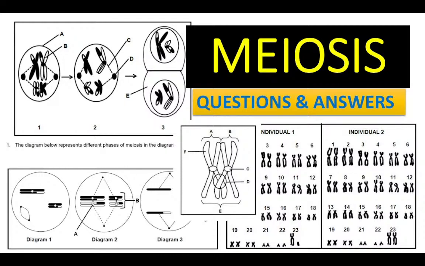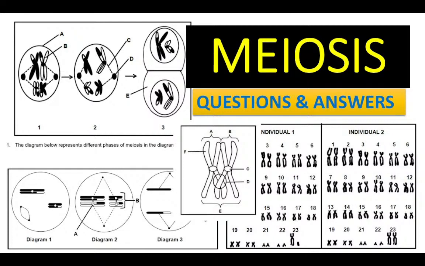So don't only think that the chromosome number is always 46. No. Sometimes the question is not asking about 46 chromosomes. It's asking about the chromosomes you see in the diagram. How many chromosomes do you see in the diagram?